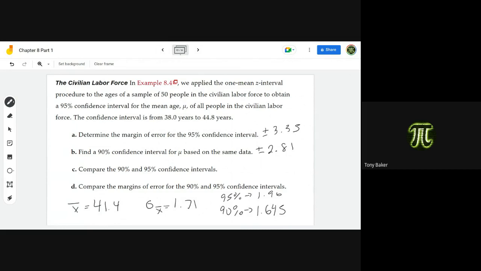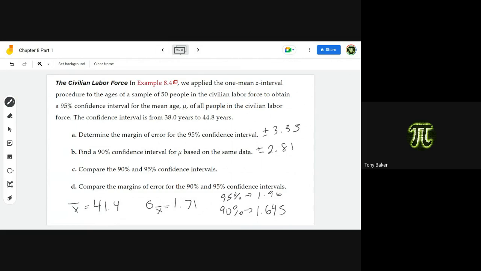All right, so what are some things you notice? So the actual confidence interval is, well, I'll get the actual numbers, but it's fine. It doesn't make much difference. I think you guys can add and subtract that pretty easily. What are some things you notice? So we went to a 90% confidence interval. What happened to the, yeah.